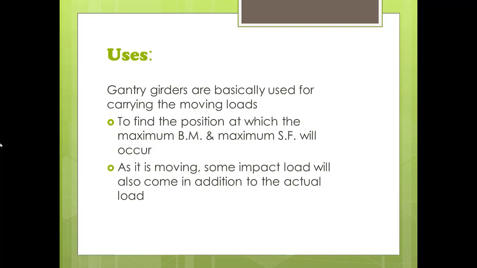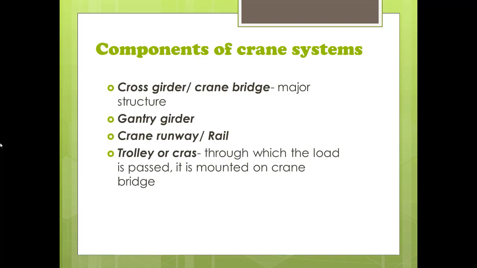Next, we come to the components of the crane system. Basically, there are four components. The first one is the cross girder or the crane bridge, which is the major structure in the crane system.